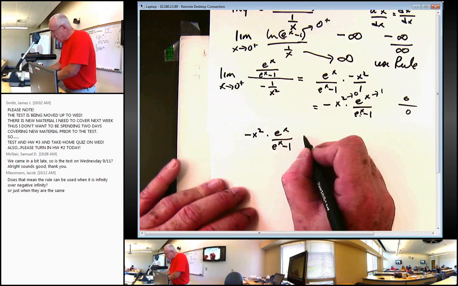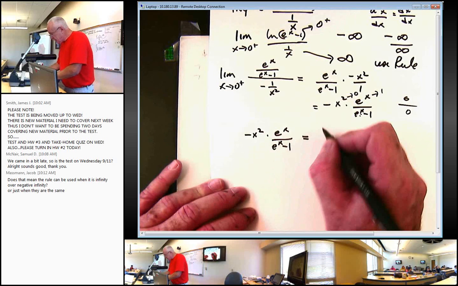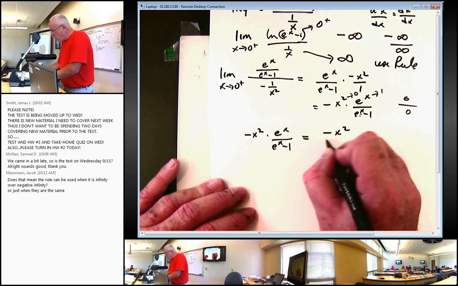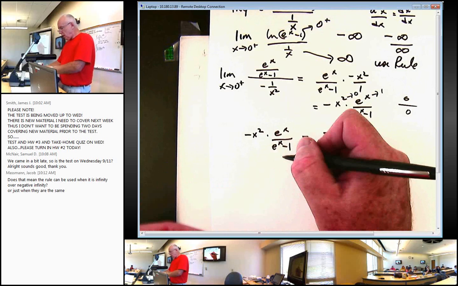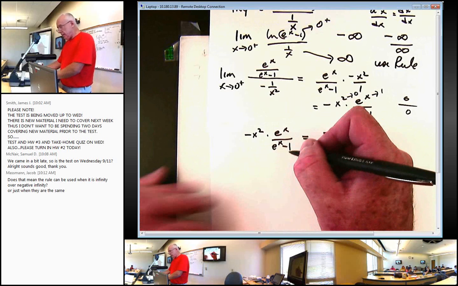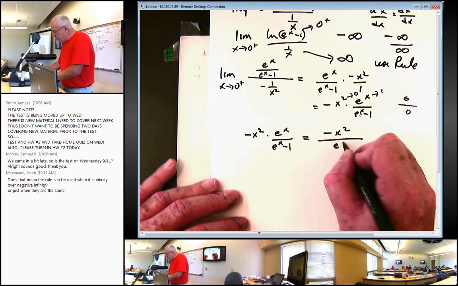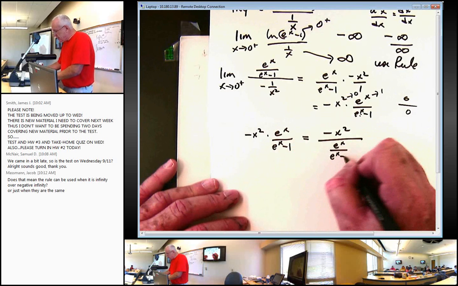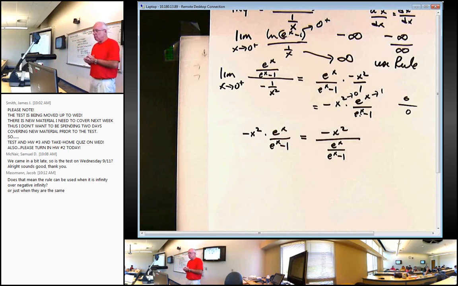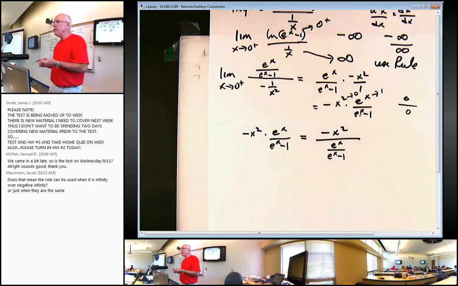I can write this as minus x squared over the reciprocal of e to the x over e to the x minus 1.